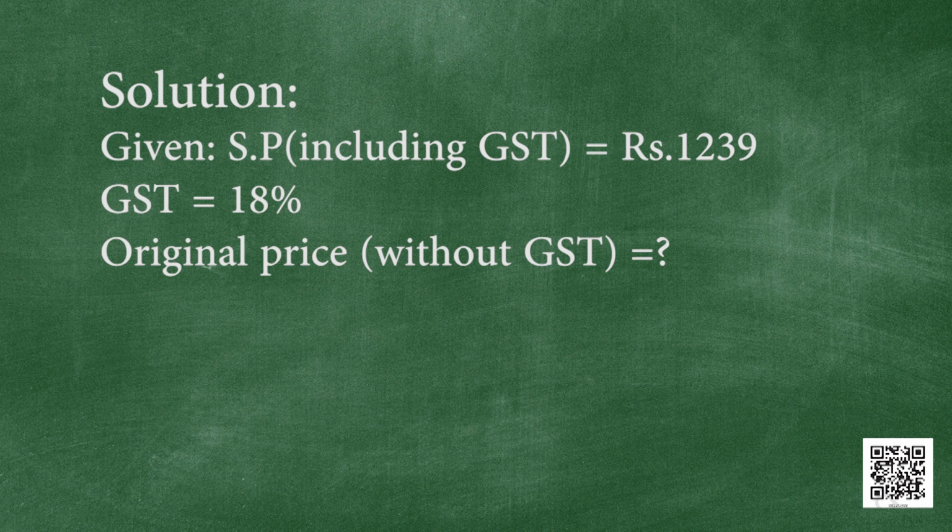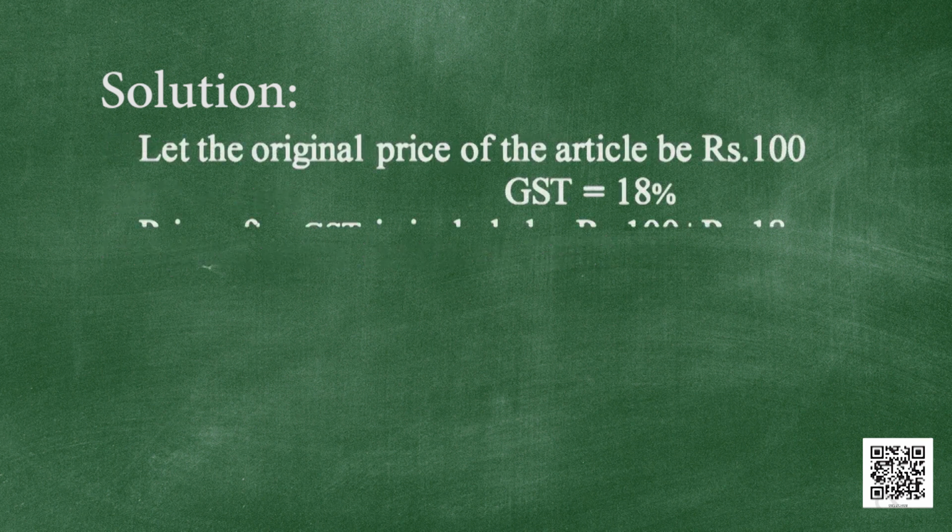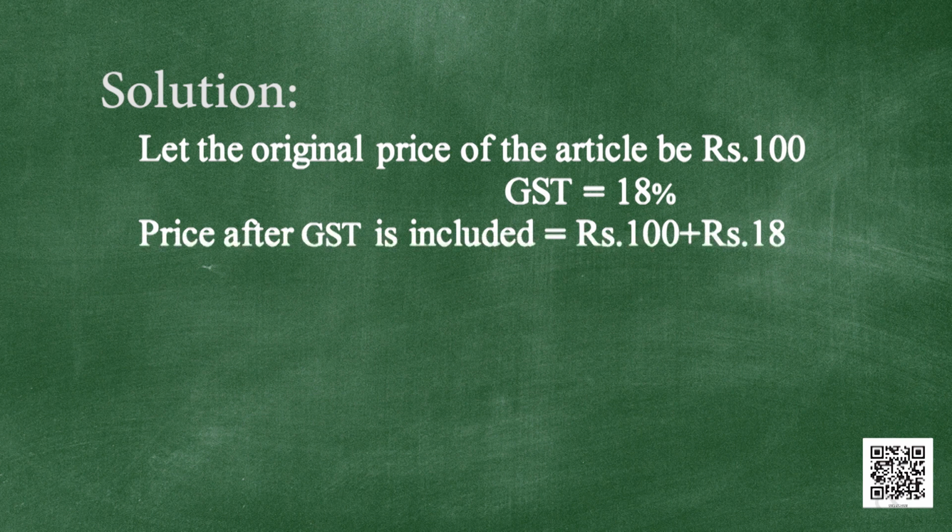So, we need to find the original price without GST. Let the original price of the article be rupees 100. Since GST is equal to 18%, the price after GST is included will be given by rupees 100 plus rupees 18, which is equal to rupees 118.